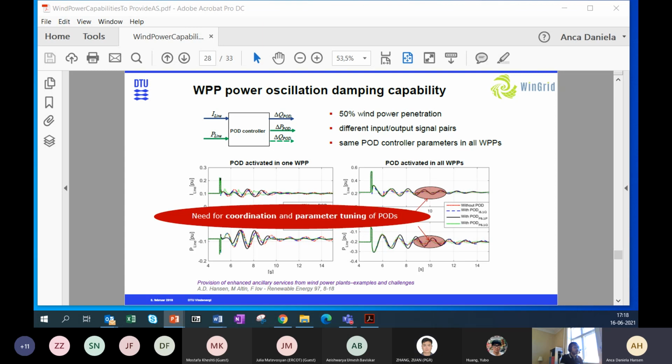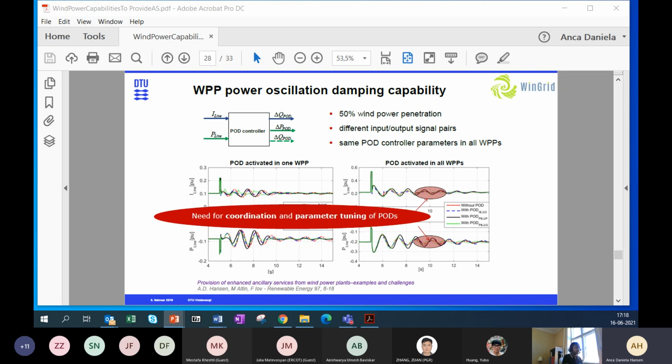Locate. I mean, you mean distribute? Yeah, distribute. Yes. I really don't remember exactly how it was implemented in this simulation, but we observed that the results were quite sensitive to which input-output signal pairs we investigated, current or power.